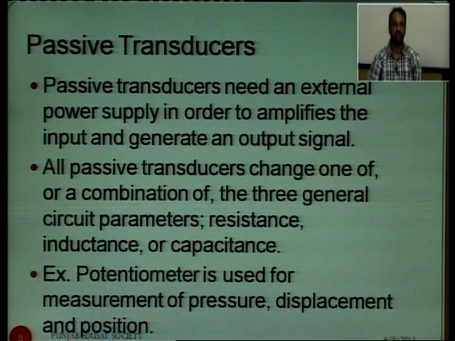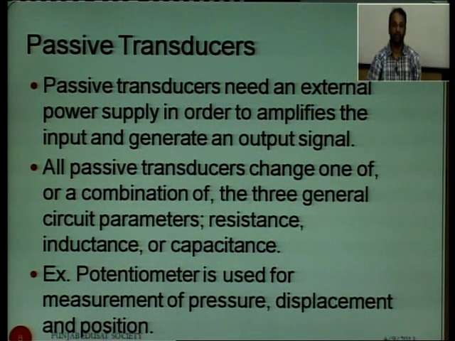Passive transducers need an external power supply in order to amplify the input and generate an output signal. All passive transducers change one of, or a combination of, the three general circuit parameters. These circuit parameters are resistance, inductance or capacitance.